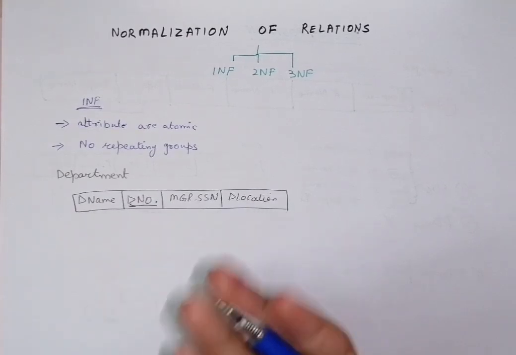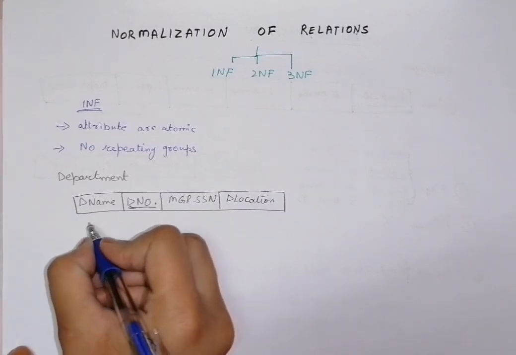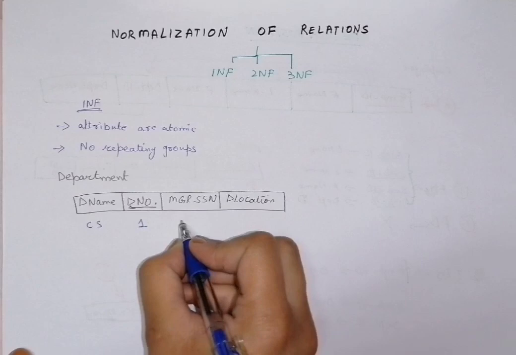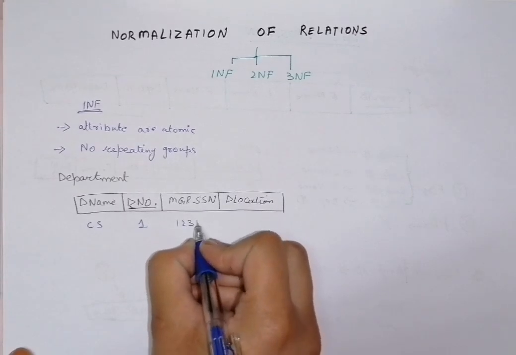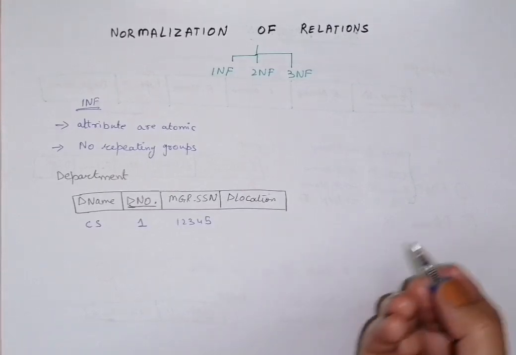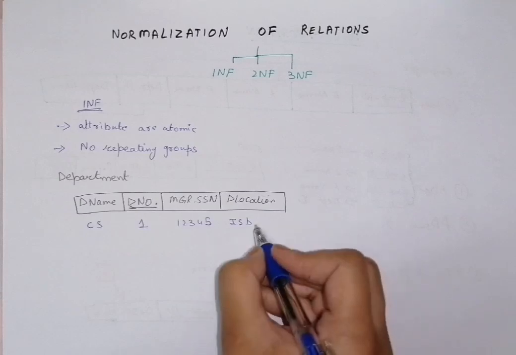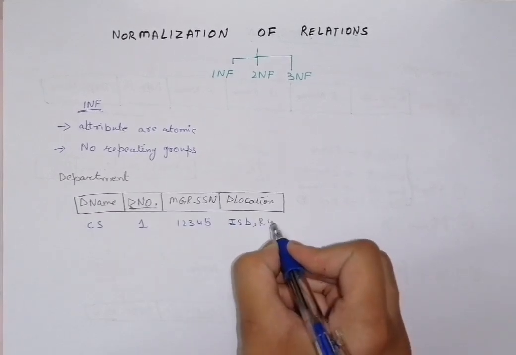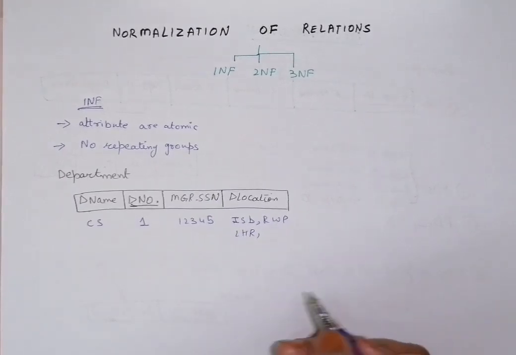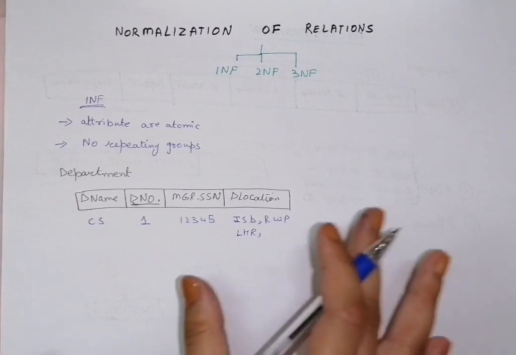For example, if I add records to this table, let's say the first department is CS, department number 1, manager ID is 12345, and the department is located in a particular city of the country, let's say ISB. Maybe it is located in another city too, so you may add any number of locations to this particular column or field.